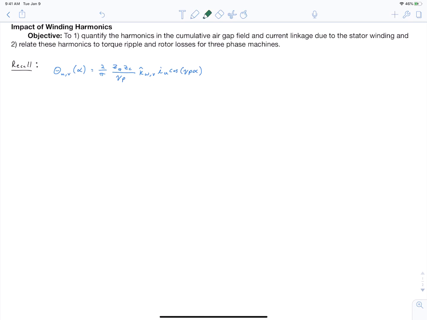And you can see that I've written an expression right here for phase U current linkage at harmonic V. So in this notation, U refers to the phase and V refers to the harmonic index.